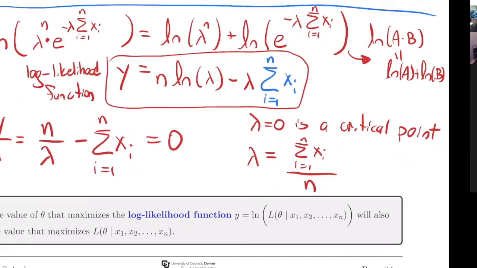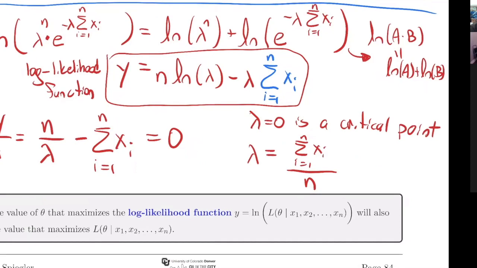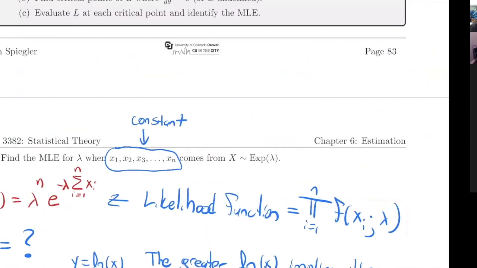Then you would say, let me pick the one that's going to make the likelihood function greatest. That likelihood function was up here.